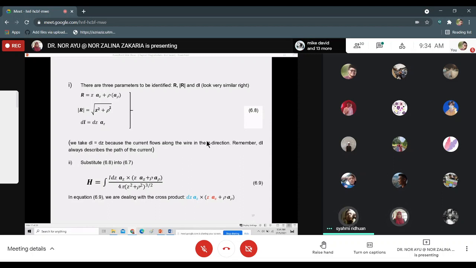Kalau dz darab dengan z kosong lah. Bukan macam tu. Kalau this one dz az darab dengan rho a rho, bukan kosong. Okay, macam tak ingat je semua ni.